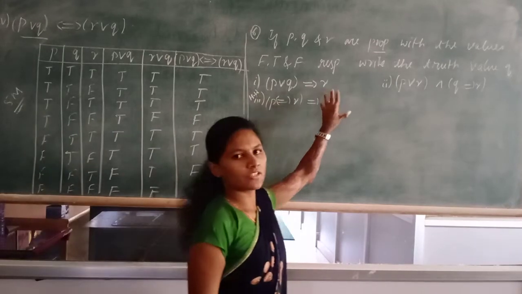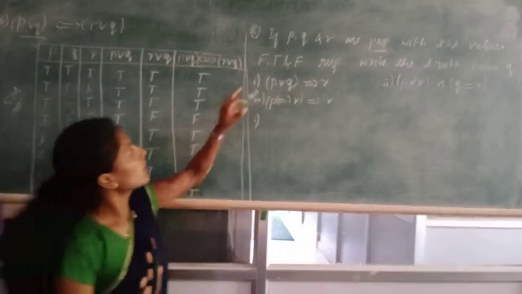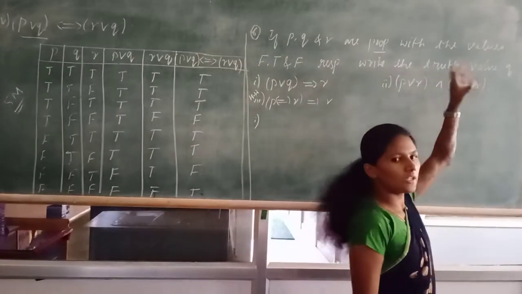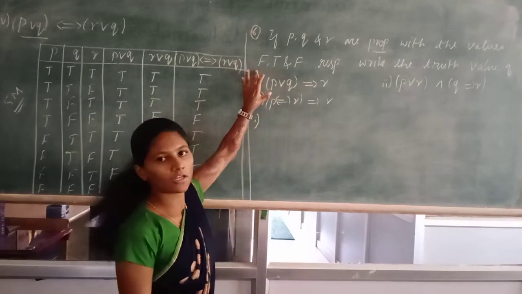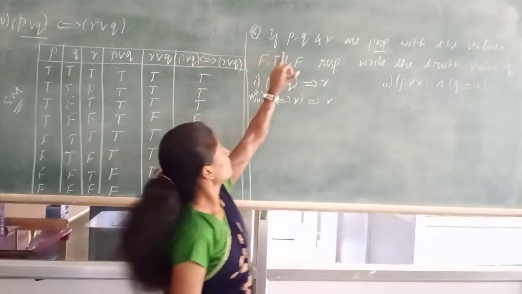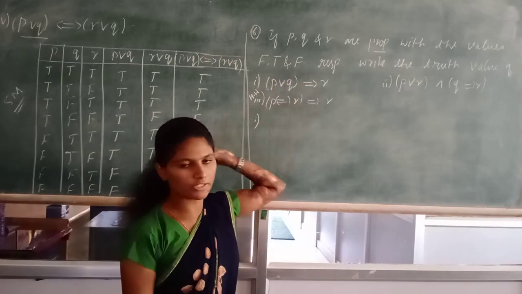Take the first one. If P, Q and R are three propositions with the given values: P false, Q true, R false.